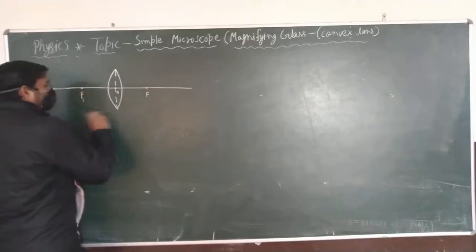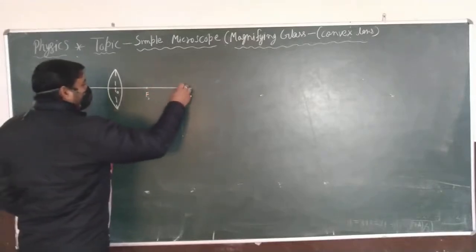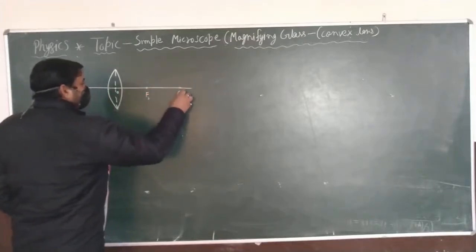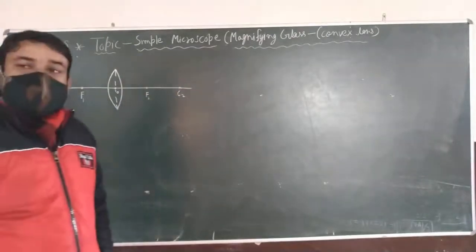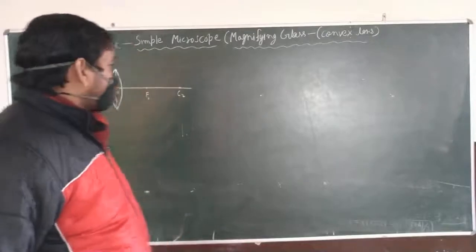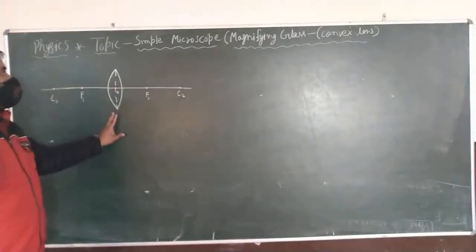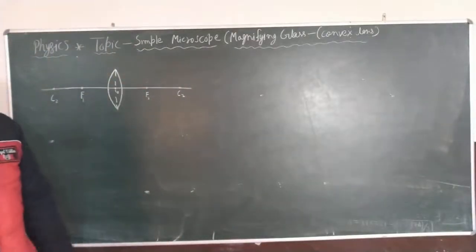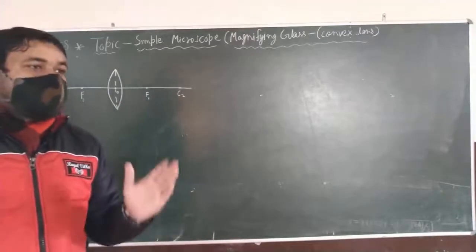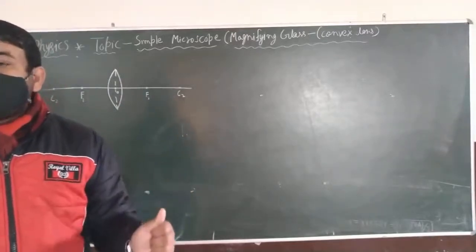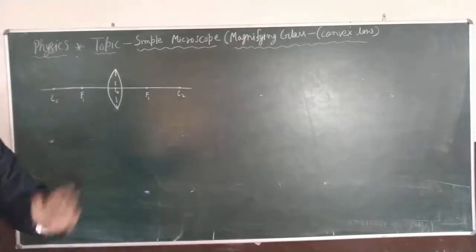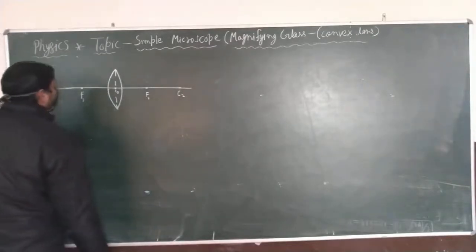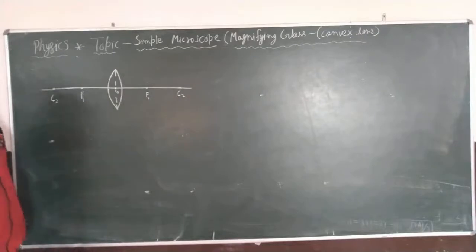So if this is F1, this is F2, and this is the location of the second center of curvature. As I told you, this is used as a magnifying glass because when an object is placed between the focal point and the lens or optical center, it forms an erect and magnified image.